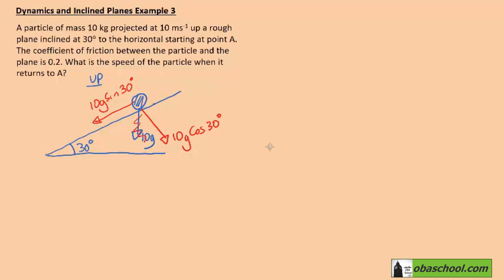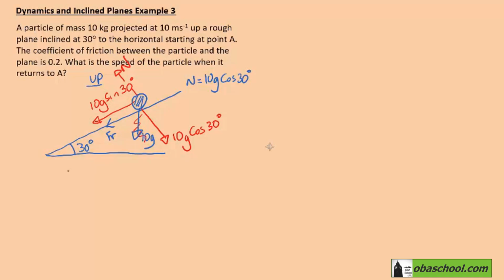There'll be a reaction force as well, a normal reaction here, and of course the frictional force, which if we're travelling upwards is going to oppose the motion. So N is equal to 10g cos 30, and that's not going to change whether we're going up or down.